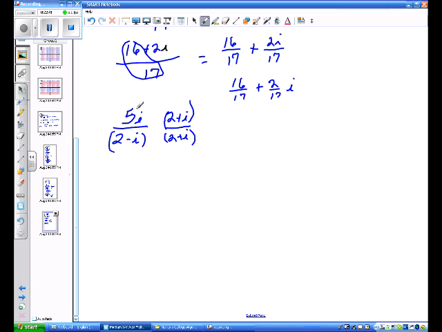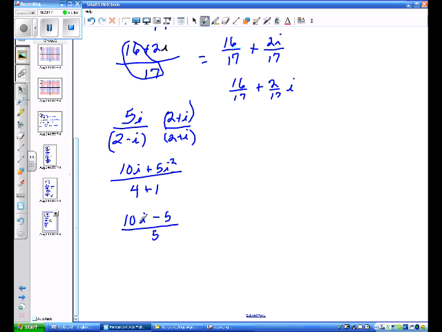Now in the numerator, we're simply multiplying a pure imaginary times a complex, but we'll use our distributive property, so that gives us 10i plus 5i squared, divided by, these are conjugates, so it's our a squared, so 2 squared is 4, plus b squared, again b is 1, so 1 squared is 1. We end up with then 10i. Okay, i squared's negative 1 times 5 would be negative 5 over 5.